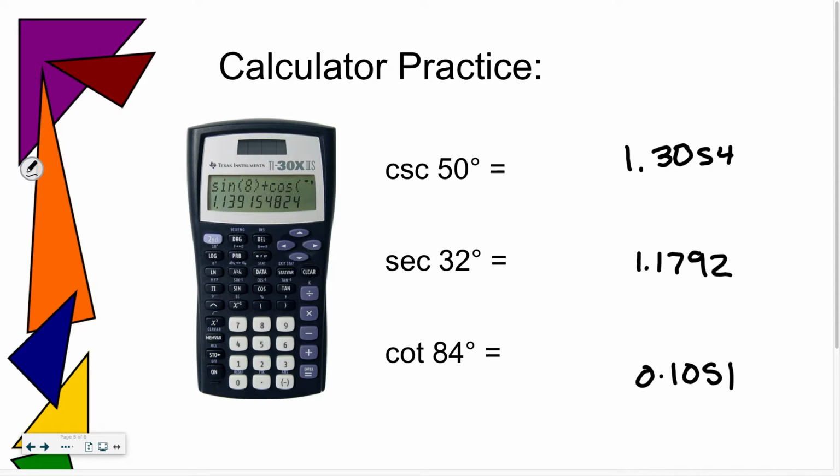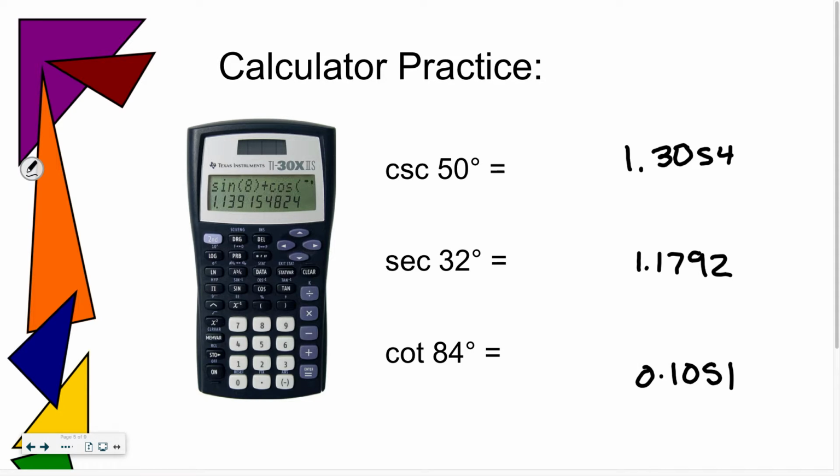What did I type for cosecant 50 in my calculator? Cosecant is the reciprocal to which trig function? Cosecant is the reciprocal to sine. So I typed 1 divided by sine 50.